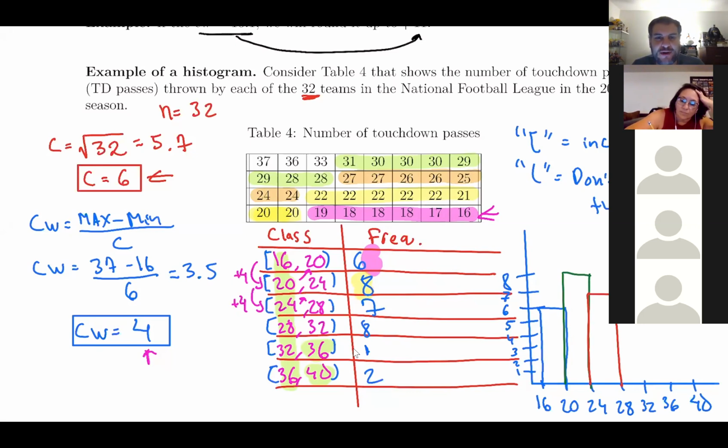For the fourth bar, from 28 to 32 is a frequency of 8. The next one, from 32 to 36, is a frequency of 1. And lastly, 36 to 40 is a frequency of 2. And this is our histogram.